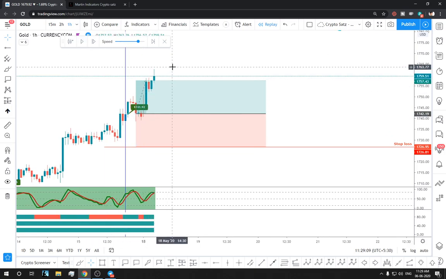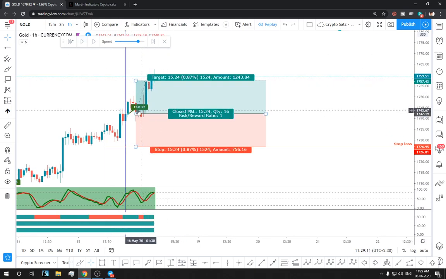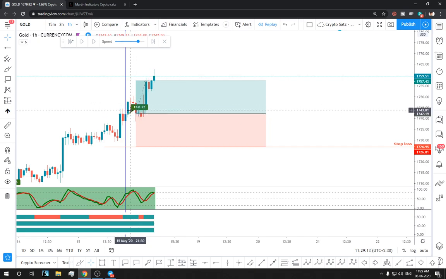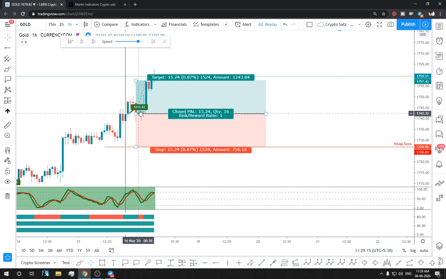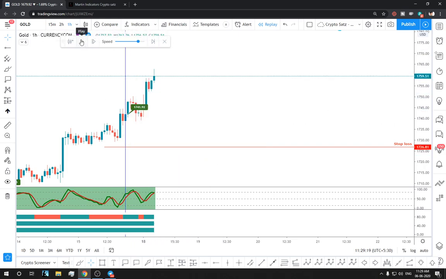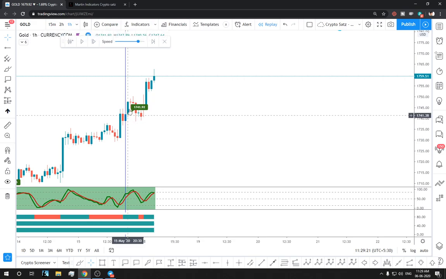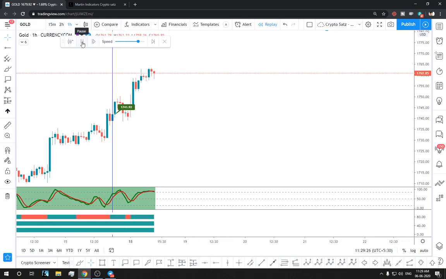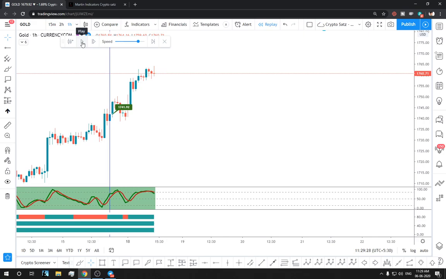That was a fast target hit, so our targets were hit over here, in 8 hours. In 8 hours our targets were hit, which was a good trade though. So we'll see for the next signal. The second buy signal was also a profitable one, so we win 2 trades till now.